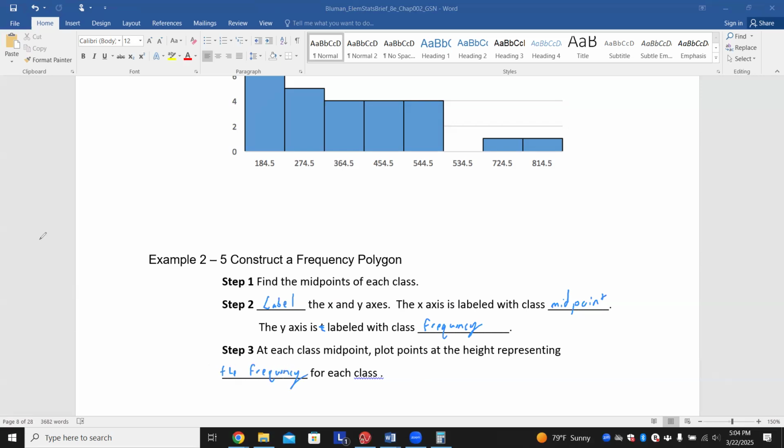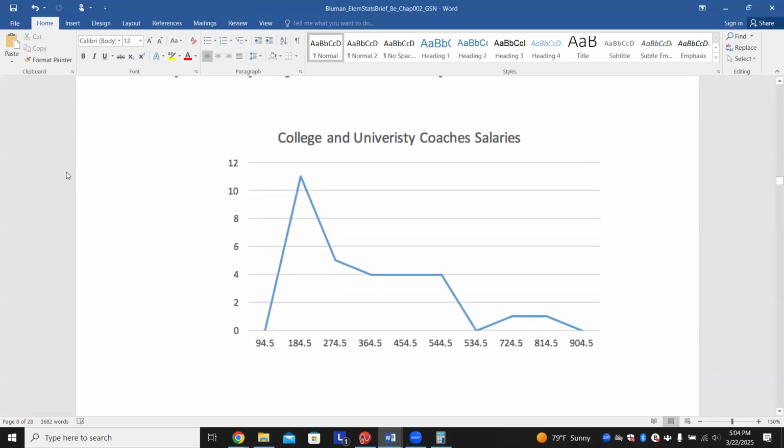As you can see there, I had the 94.5, so I had to start at the midpoint of the class before it, so it can start at 0. And then you want to shoot up to 11.